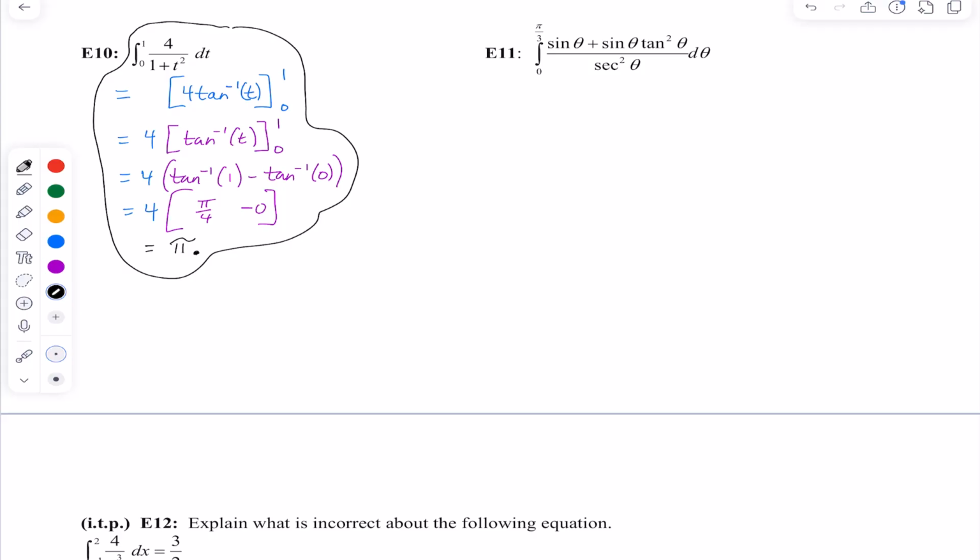The next example requires you to remember your knowledge from trigonometry. First thing I'm going to do is actually respond to it with algebra. We're going to factor the numerator and seek a substitution.